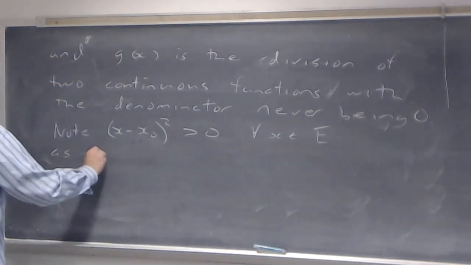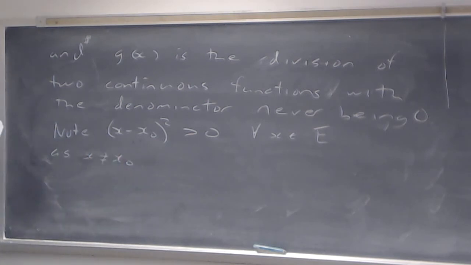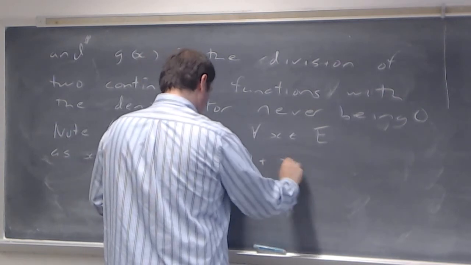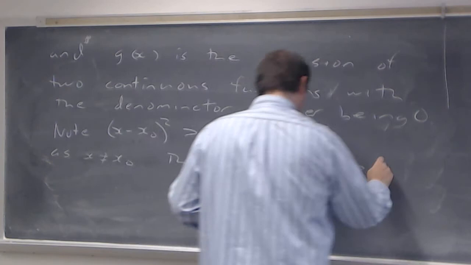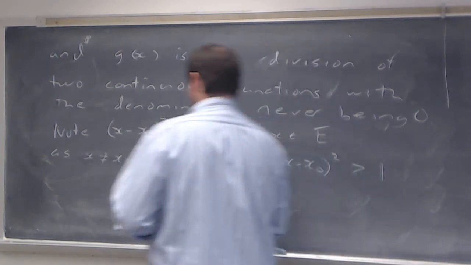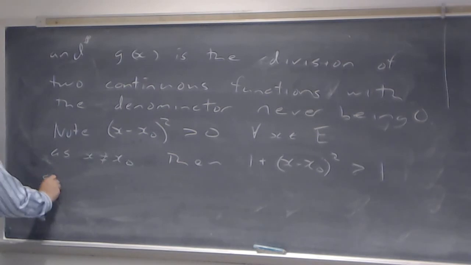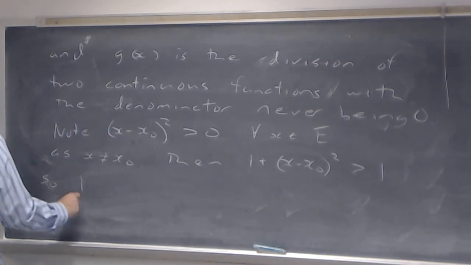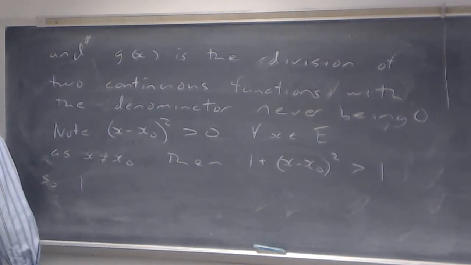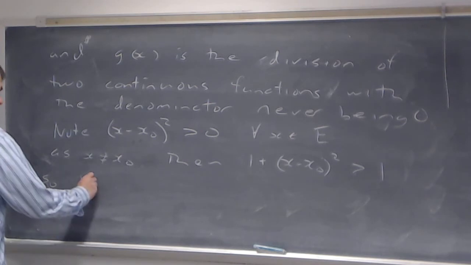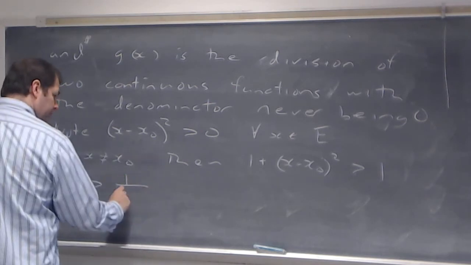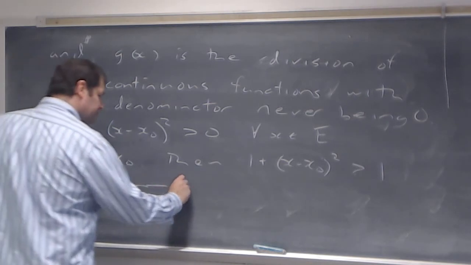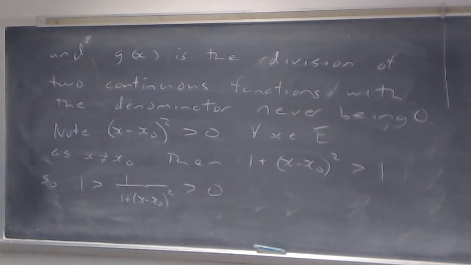Again, as x has got to be different than x naught, then that says that 1 plus the quantity x minus x naught squared is going to be greater than 1. So if we divide everything by 1 plus the quantity x minus x naught squared, 1 is going to be greater than 1 over 1 plus the quantity x minus x naught squared, which has got to be greater than 0 for all x.